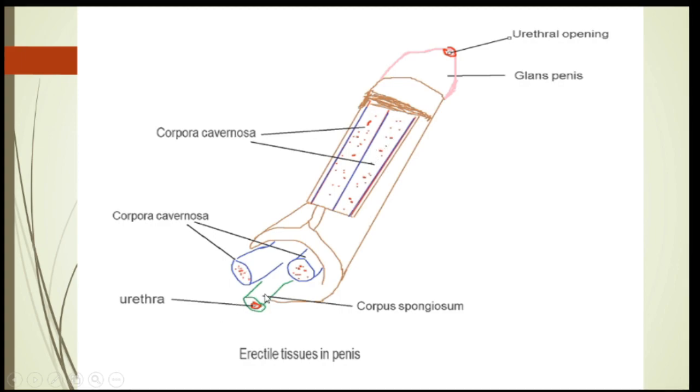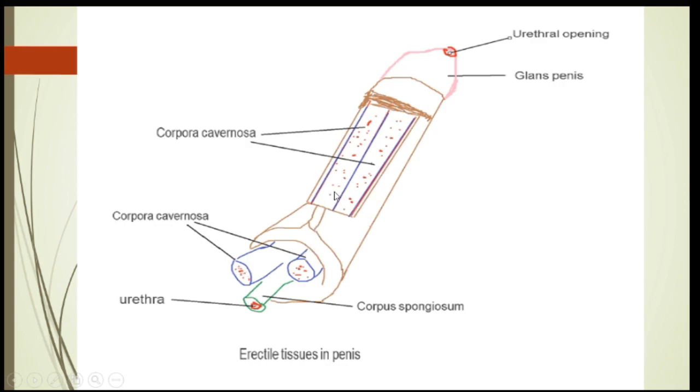And another one, shown in the green color, is the corpus spongiosum. So corpus spongiosum is present below the corpora cavernosa, or ventrally to the corpora cavernosa. In the middle of this corpus spongiosum I have shown the urethra, so the urethra is passing through this.